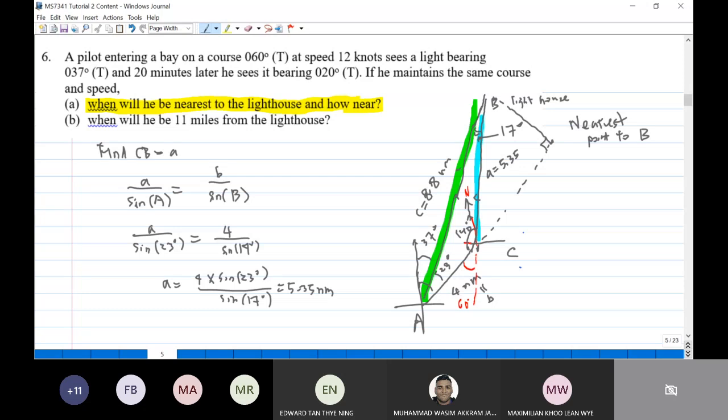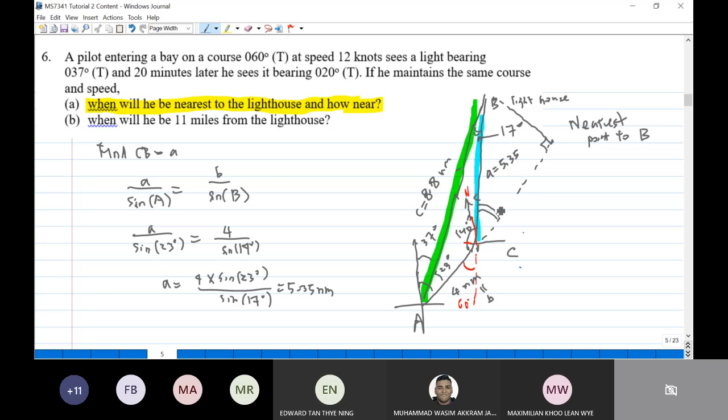Okay, so what you need now is, what is actually this angle? Do you know? Okay, this angle is 180 minus 140, right? You find the angle C there, angle C there is 140 degree.